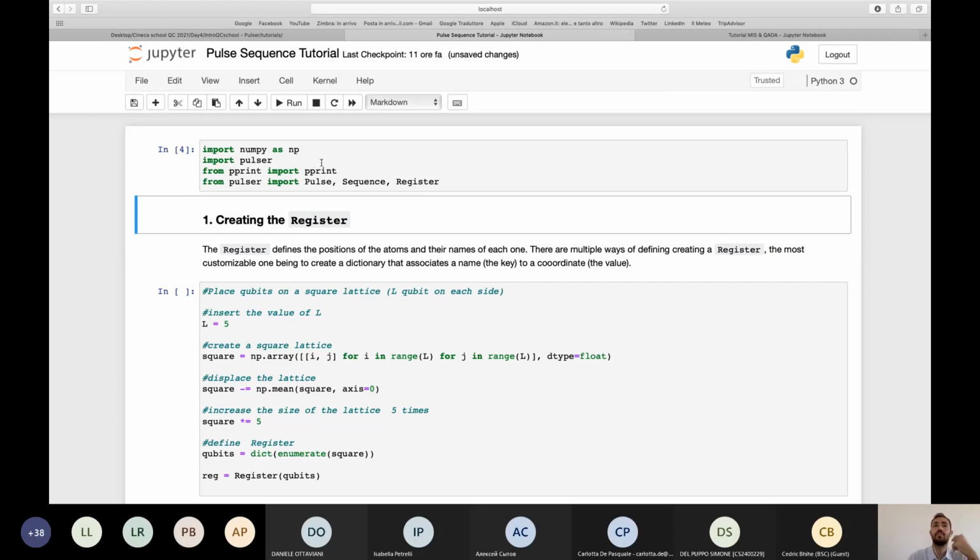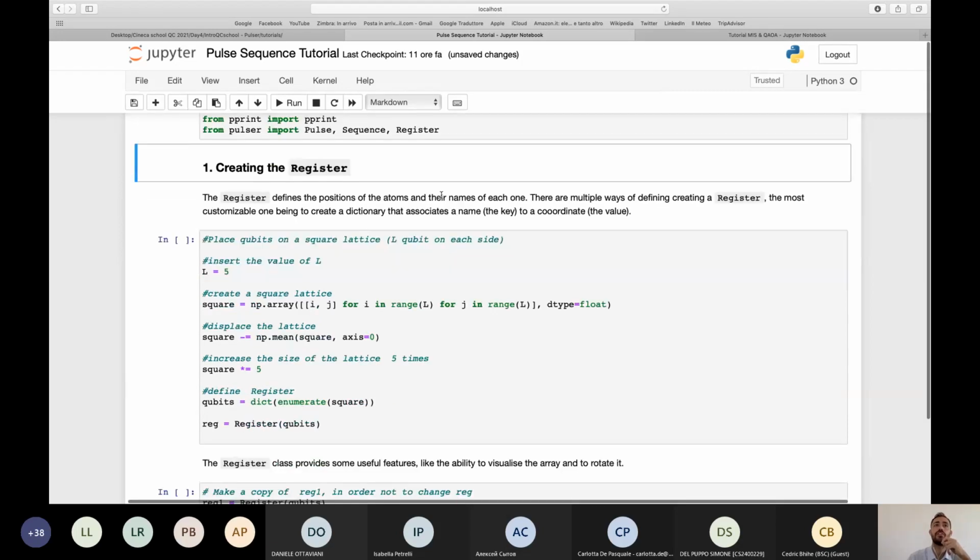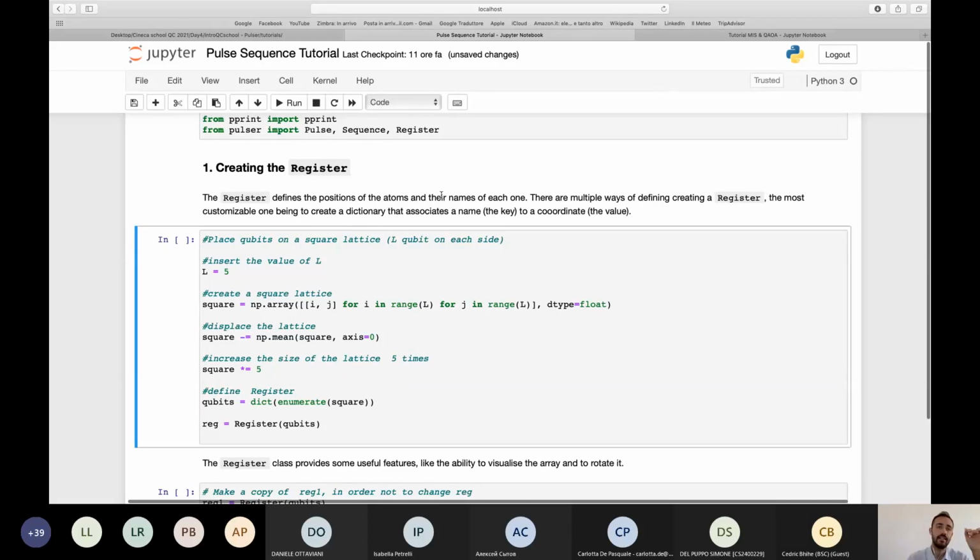First of all, let's create a register of qubits. What the register does is define the position and the name of the atoms. So you can also customize it in different ways.